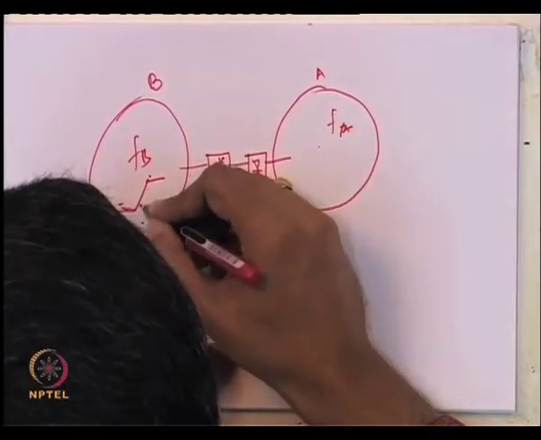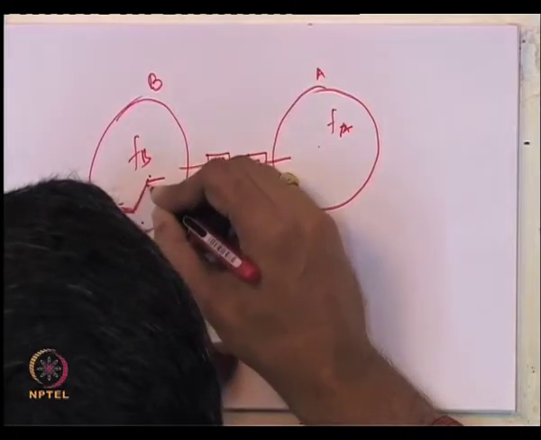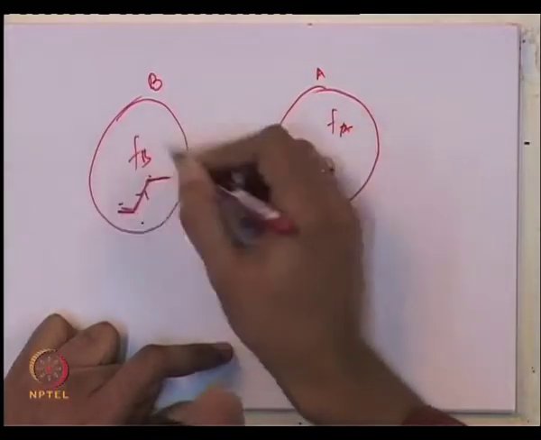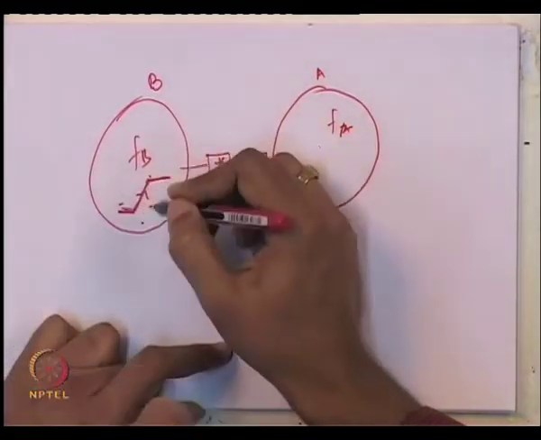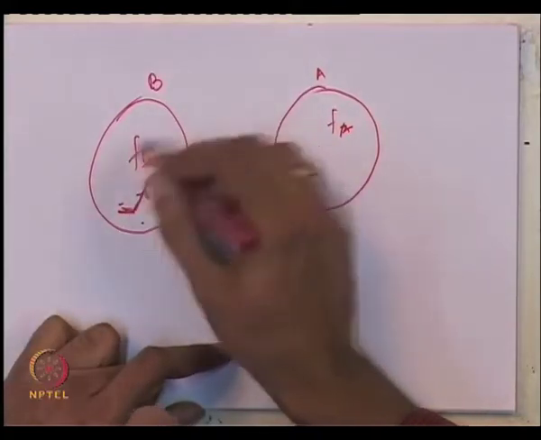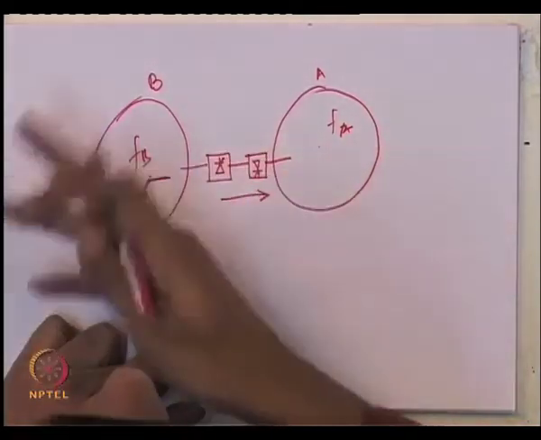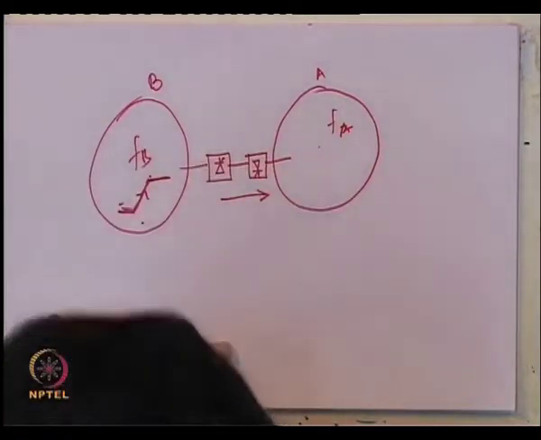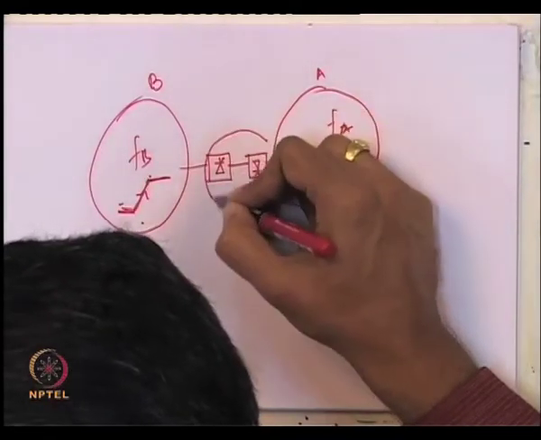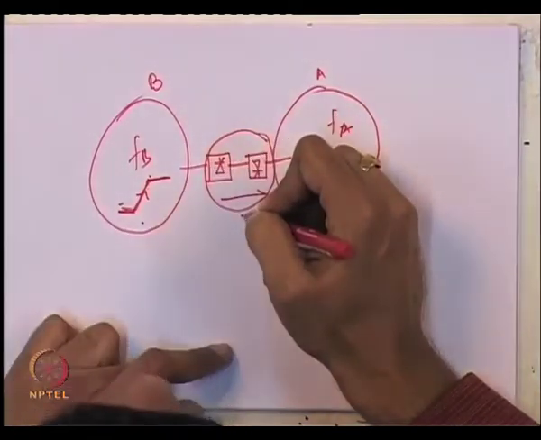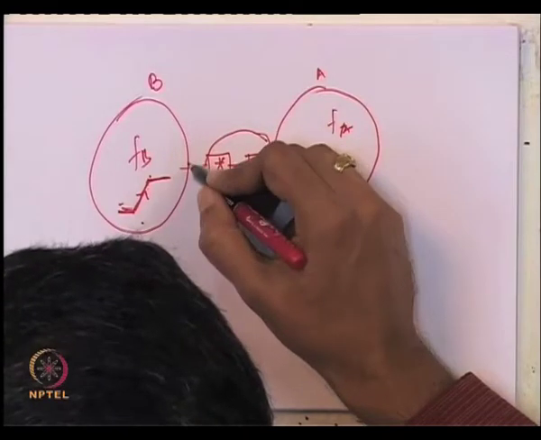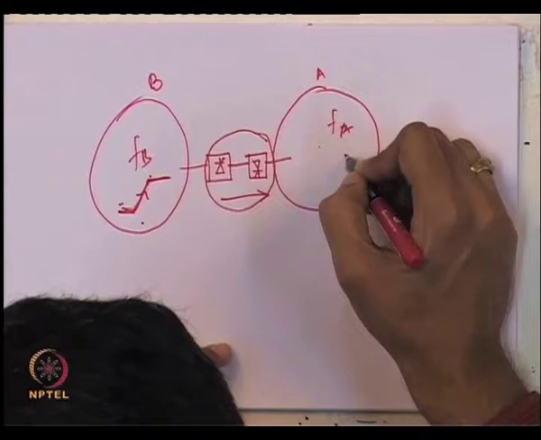Suppose there is a sudden very large load trip in this system, because of which the frequency tends to rise, and the rate of change of frequency is very fast, and the governors are not able to control it, because of the limits of the turbines, etc. In that case, you can use an HVDC link to temporarily pump some power out of this system and push it into the other.